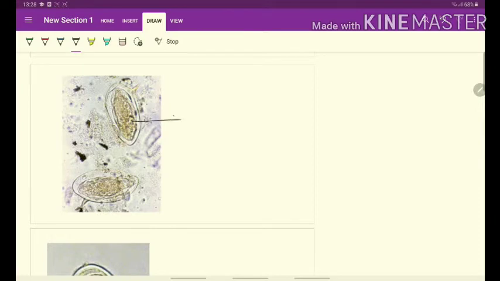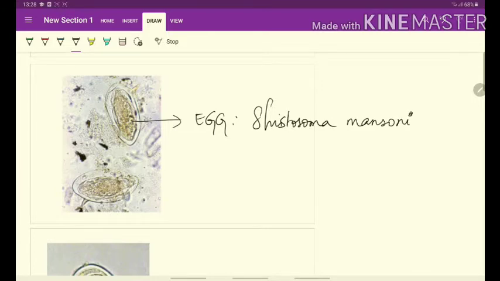Next image, this is an egg of Schistosoma mansoni. This is another species of Schistosoma.